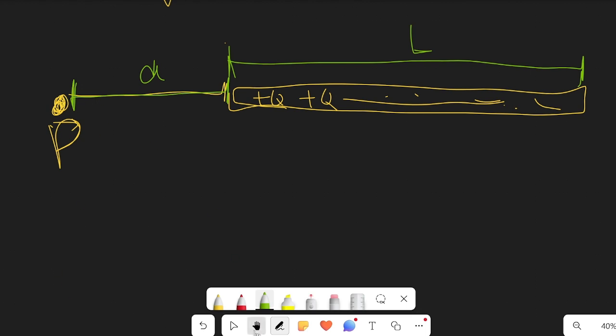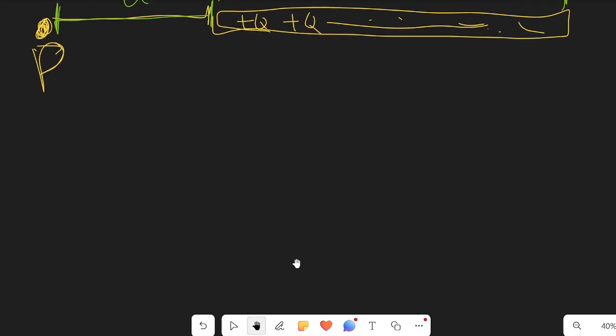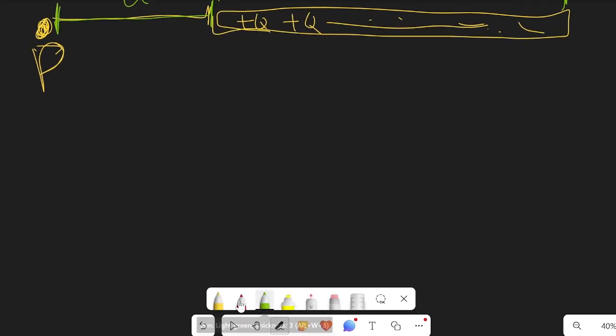Let's take our equation from earlier: dE equals k dq divided by r squared. That is our equation.